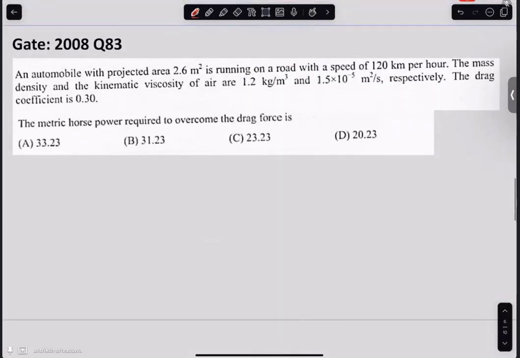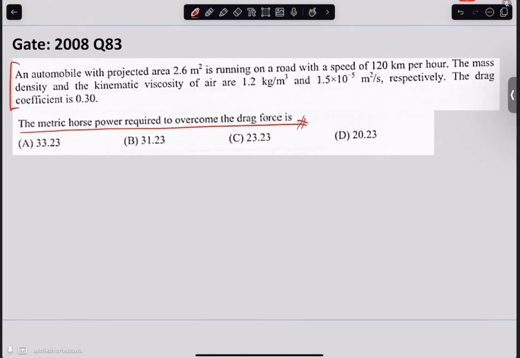Coming to the last question, GATE 2008, question number 83. An automobile with projected area of 2.6 meter square is running on a road with a speed of 120 kilometer per hour. So this is basically the same theory as our previous question, and the only thing that is being asked is what is the metric horsepower required to overcome the drag force?